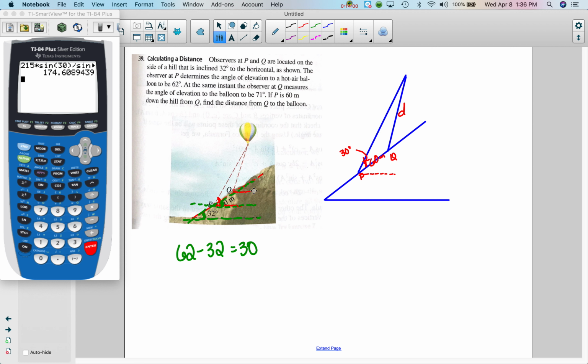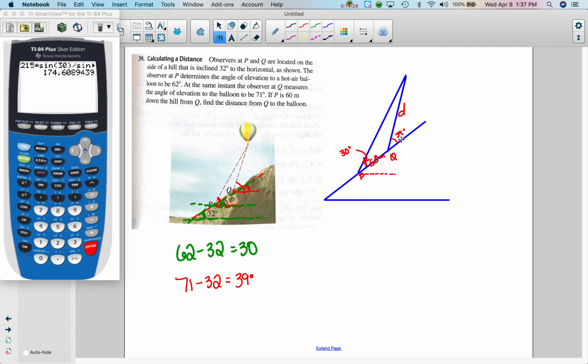At angle Q, we know that this is 71 degrees, but this little portion is also 32 because it's still corresponding. So if we take 71 minus 32, we have 39 degrees, and so that would be this little part here.